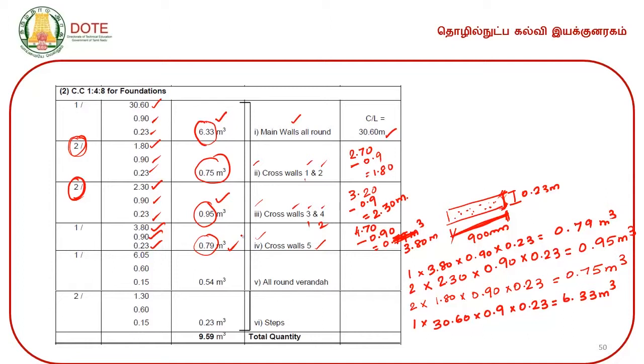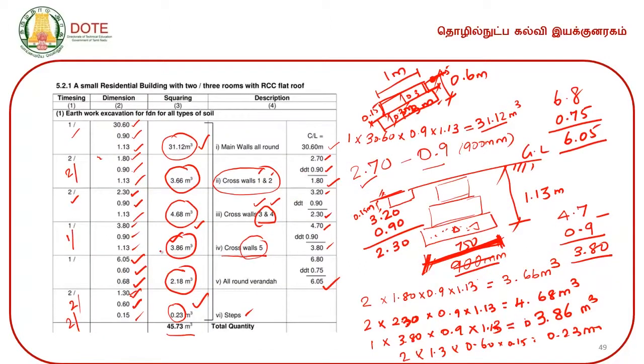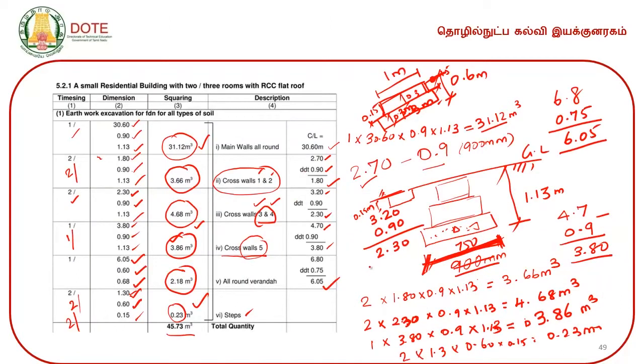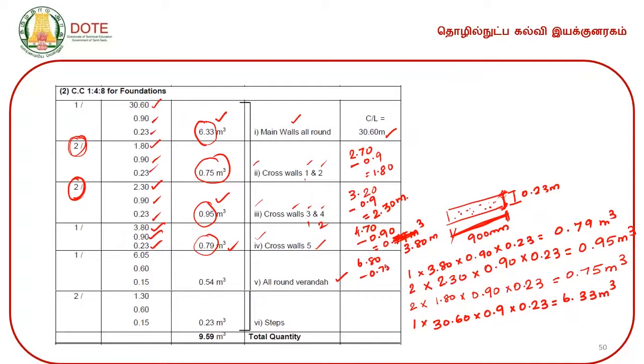Then all around veranda, that is center to center length. Veranda how much? 6.80 meter, minus 0.75, that is equal to 6.05. Then breadth 0.6, depth of veranda 0.15. Veranda is one number only, so we put one number.